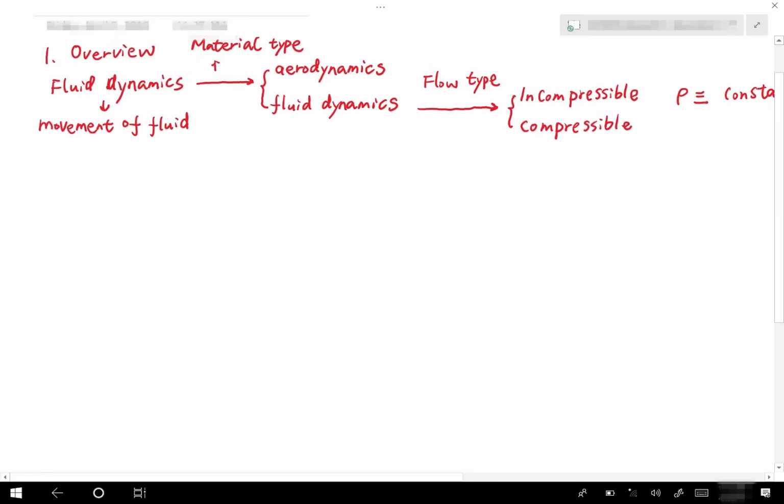And if we take a look at the REV, we will find that the movement of fluids here will involve two major physical processes. The first one is the conservation of mass.